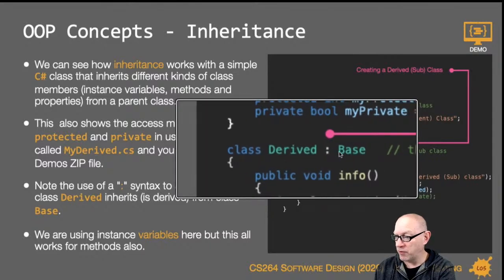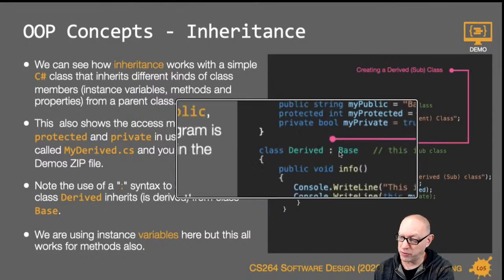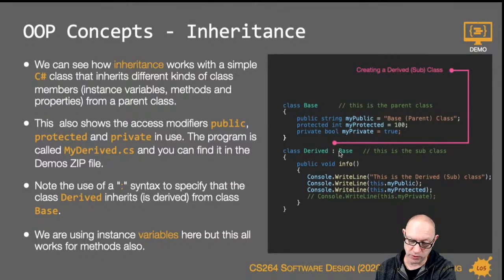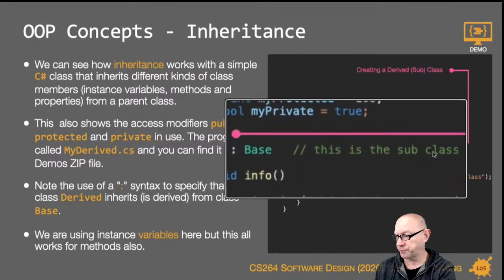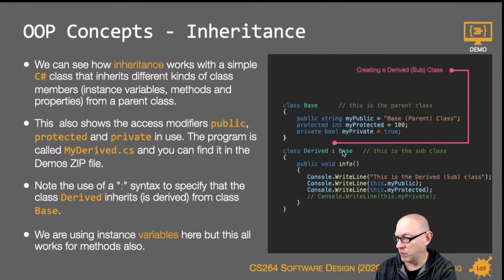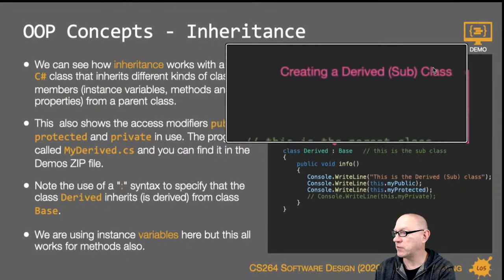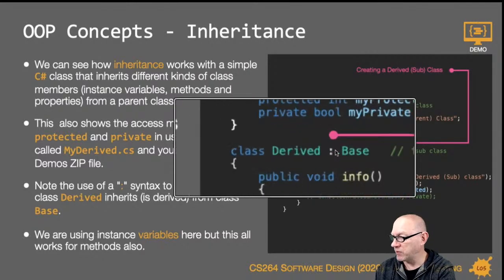I like the phrase derived from, in addition to parent class or subclassing and so forth. We use this colon notation, and I've created this little note here so you can see the key piece of where it's happening.